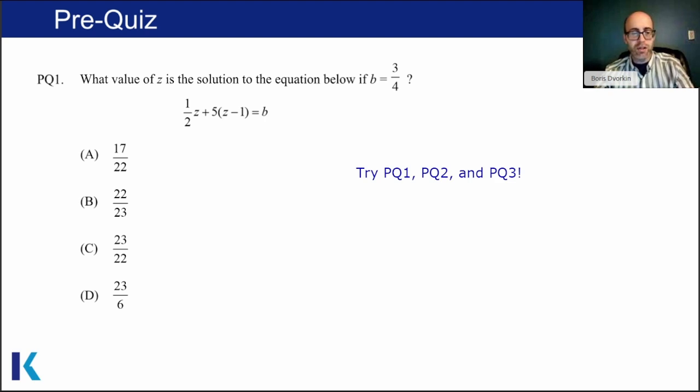Try these 3 questions on your own and put your answers in the polls that David, who is our amazing poll master of today, has opened for you. They're at the bottom of the screen, below the video player. So make sure you don't put your answers in the chat. If you do, we are not going to let them through. This is a moderated chat, but it's not because we're mad at you. It's just because we want to make sure that we keep the chat free of spoilers so that folks who are still working on the problems have a chance to do them and not already know the answer.